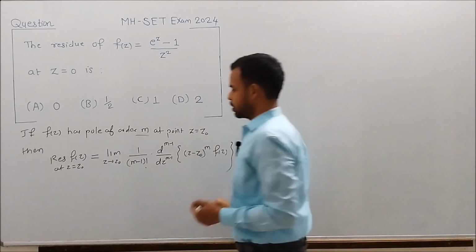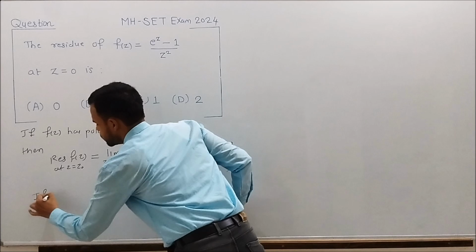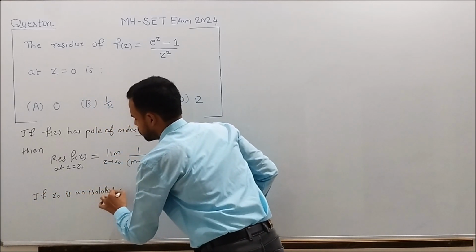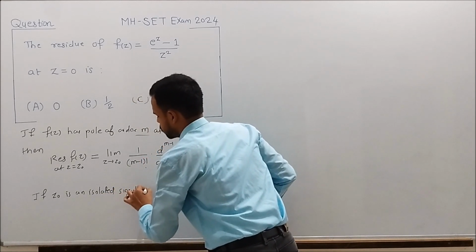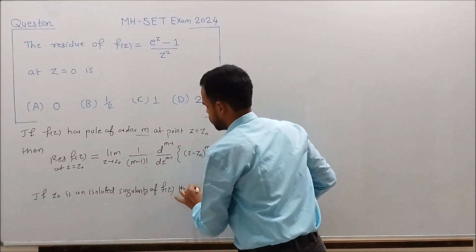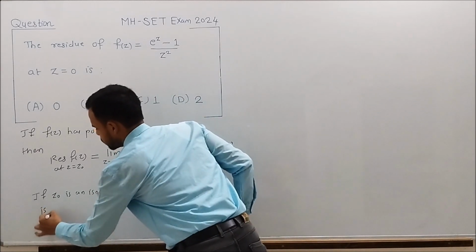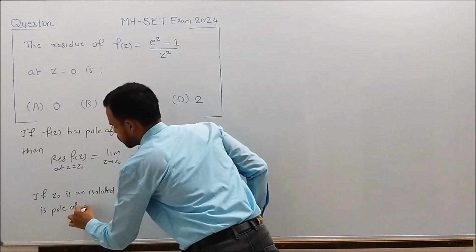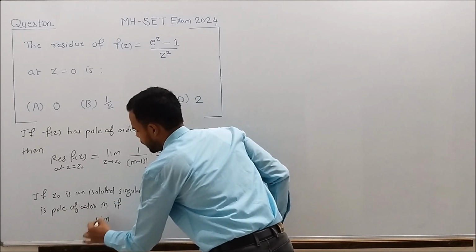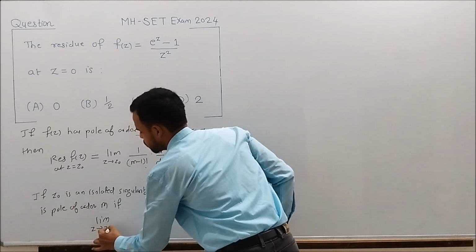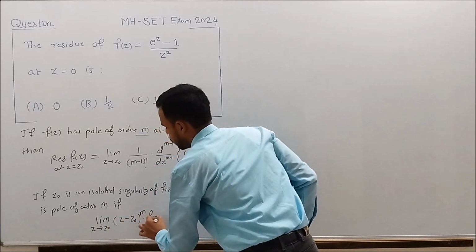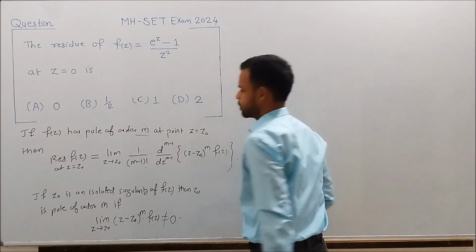And we know that if z0 is an isolated singularity of f of z, then z0 is a pole of order m if the limit z tends to z0 of (z minus z0) to the power m times f of z is non-zero.